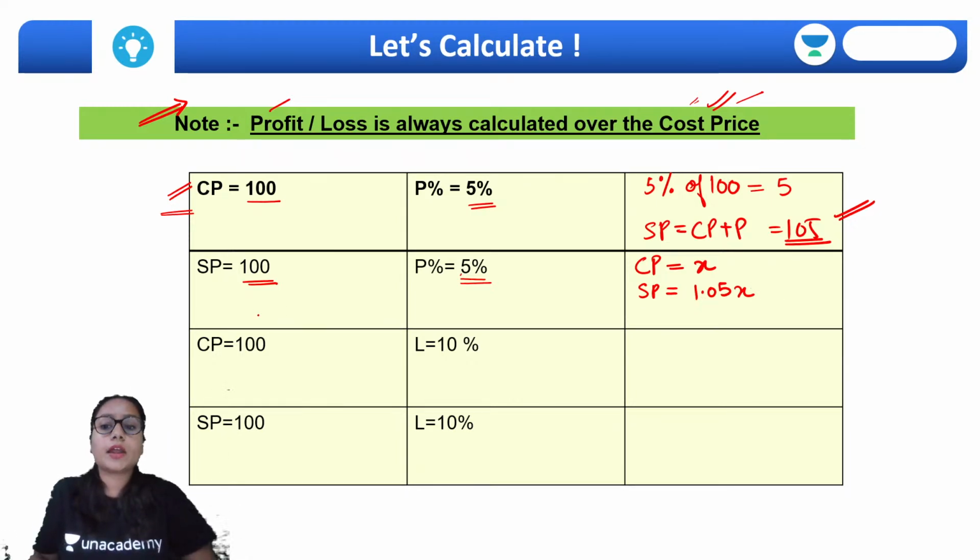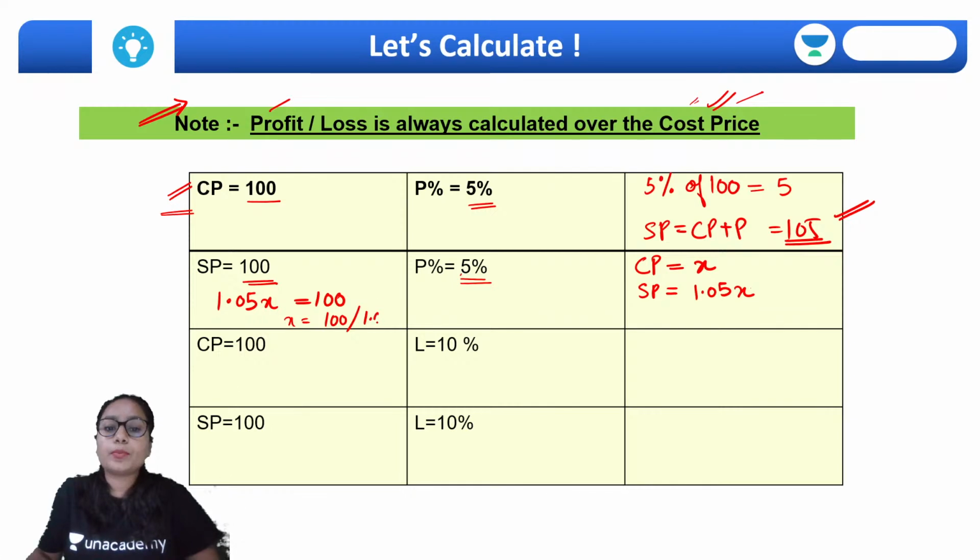Now I am going to put this 1.05x equal to 100. So 1.05x is equal to 100. Hence the value of x will be equal to 100 upon 1.05.